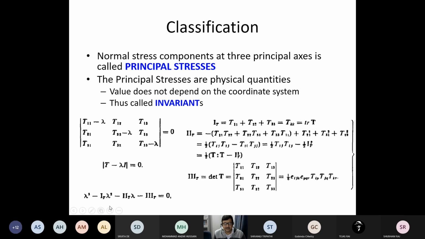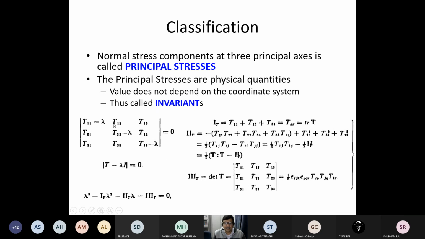So essentially the equation will look like this: lambda cube minus I1 lambda square plus I2 lambda minus I3. If you solve it, you get 3 values of lambda. So essentially you get 3 roots of lambda from here, which are related to the invariants of this particular matrix. What is an invariant?